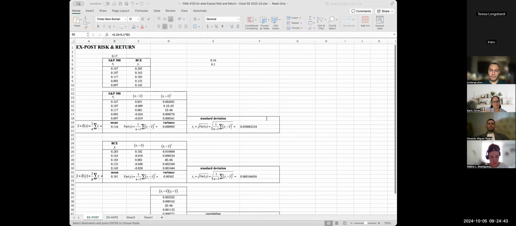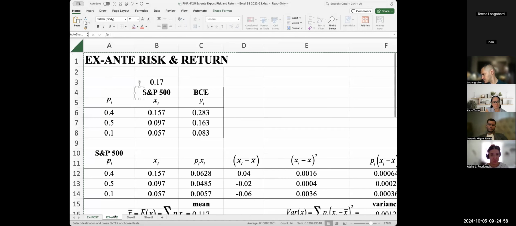So if we want to solve from the historical data, we put that data in. If we want to solve using the ex ante data, or after the fact, that's what ex ante refers to, I can put the numbers in and get all the results.